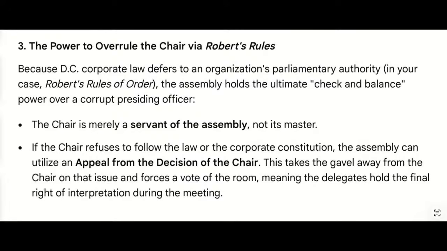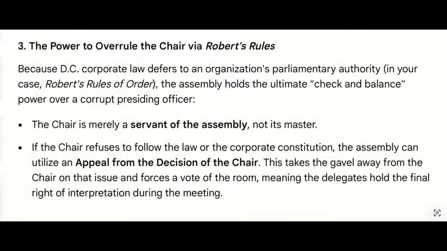We have the power to overrule the chair. And we can overrule the chair by using Robert's Rules of Order, because DC corporate law defers to an organization's parliamentary authority.